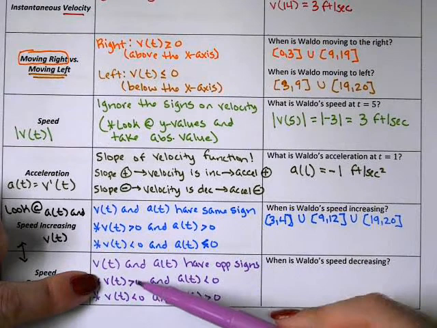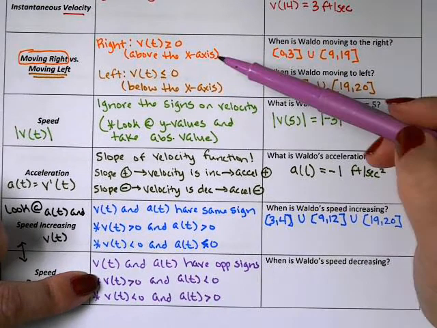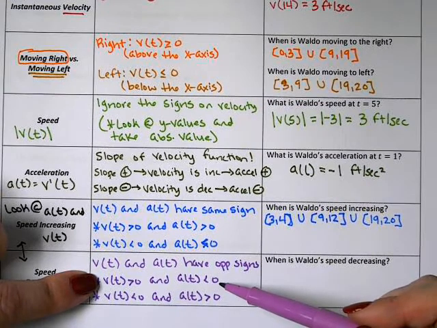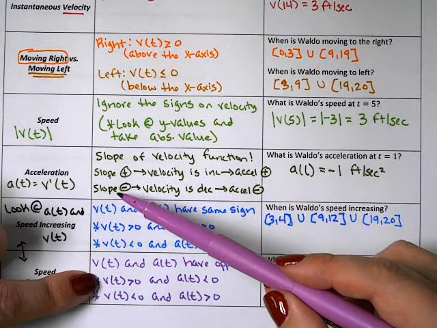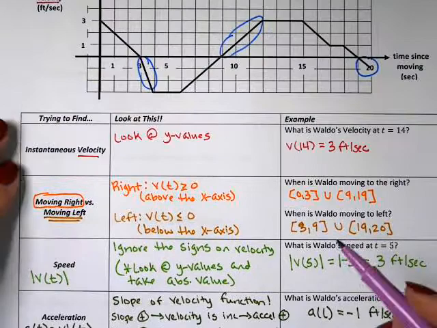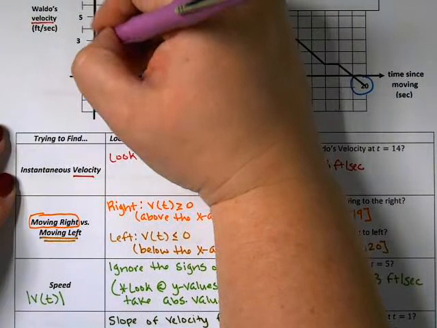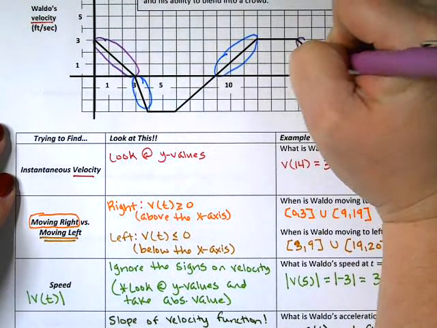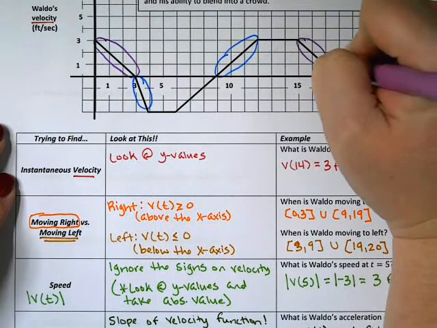A positive velocity means I want to be above the x-axis. A negative acceleration means I want to have a negative slope. So above the x-axis, but going downhill. Above the x-axis with a negative slope would be here, here, and here.